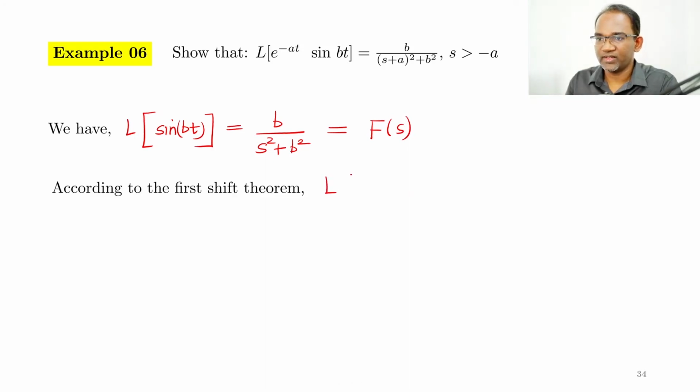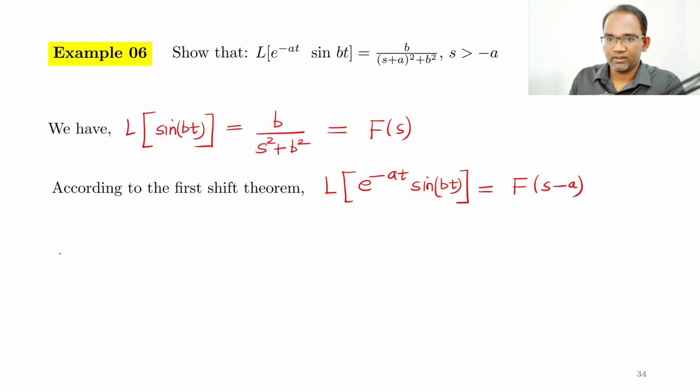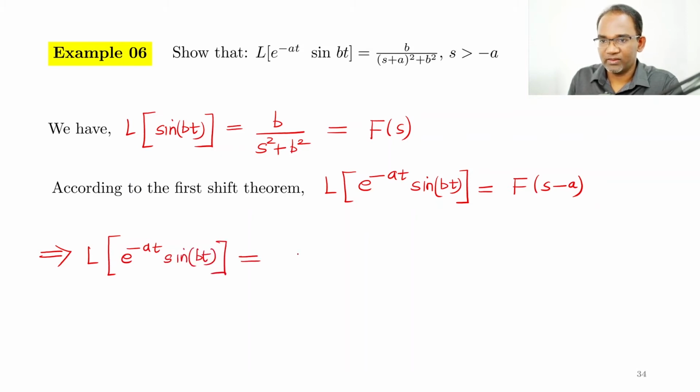Now, according to the first shift theorem, the Laplace transform of e raised to minus at, then sine bt, is equal to F(s minus a). And when we use this theorem, we have L of e raised to minus at sine bt as equal to b over (s plus a) the whole square plus b square, provided s greater than minus a.